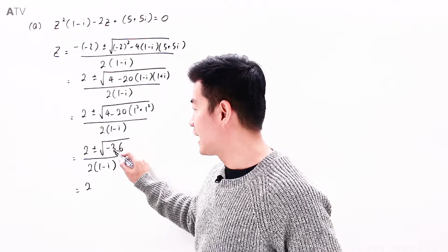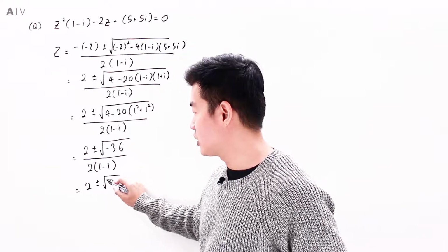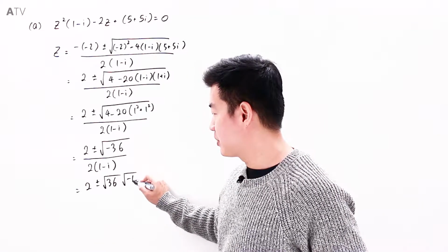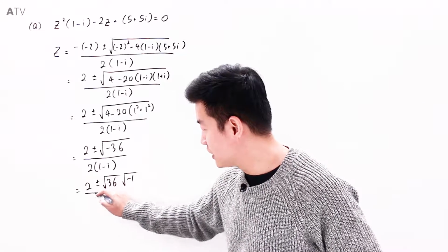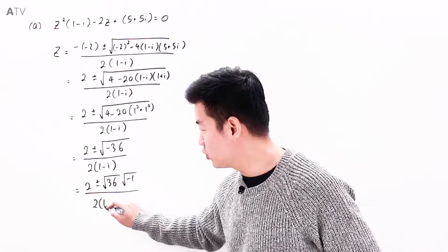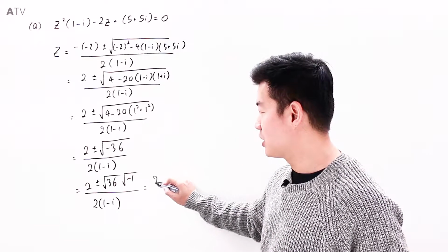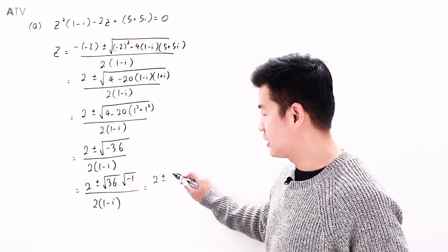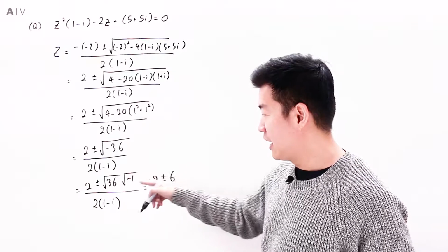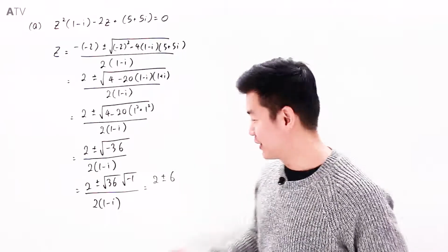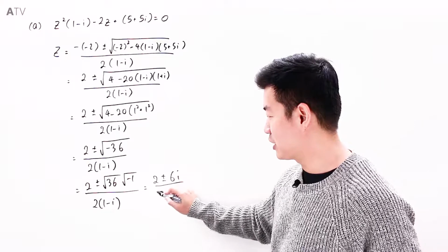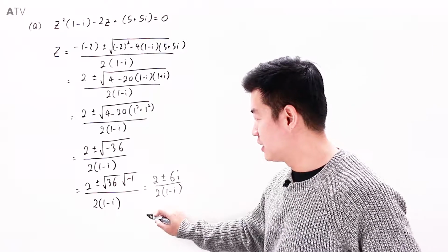And the square root of negative 36, I can rewrite as the square root of 36 multiplied by the square root of minus 1. So this is divided by 2(1 minus i), which means that what I'm looking at here is 2 plus or minus this: the square root of 36 is 6, and the square root of minus 1 is i. So we have this divided by 2 times this.